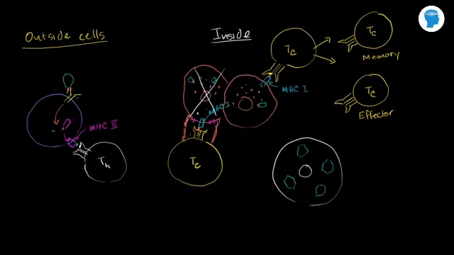So it'll take some of the antigens that are being produced inside by the viruses. Pieces of the virus are going to bind to MHC1 complexes, and then they're going to be presented on the surface. So this exact process can happen again.